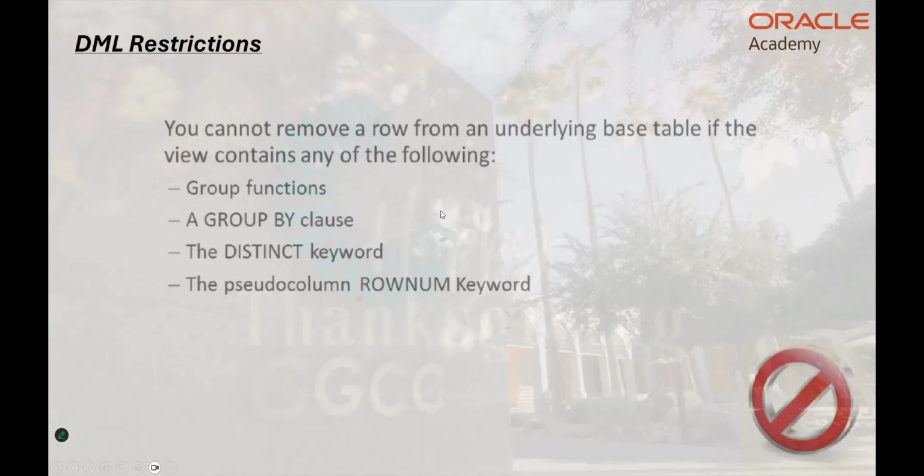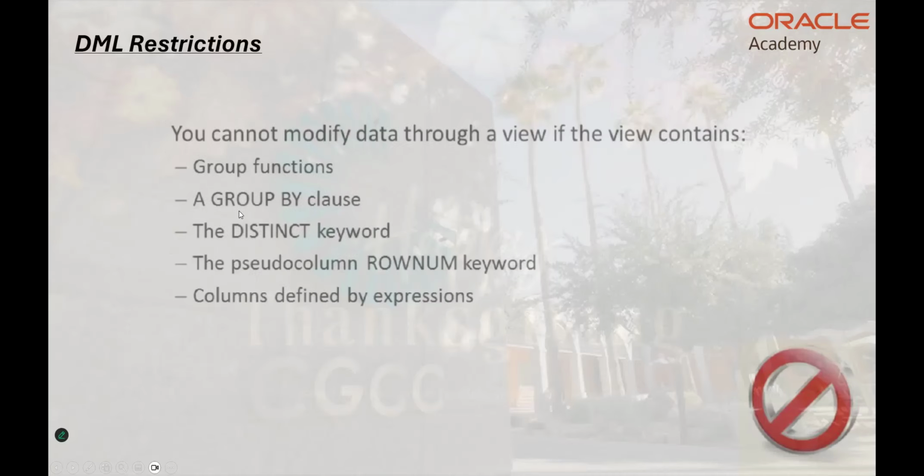So you cannot remove a row from an underlying base table if the view contains group functions, a GROUP BY, the DISTINCT keyword, a pseudo column, or the ROWNUM keyword. Those are the restrictions on views, but that's very similar to what restrictions you have on tables anyway.